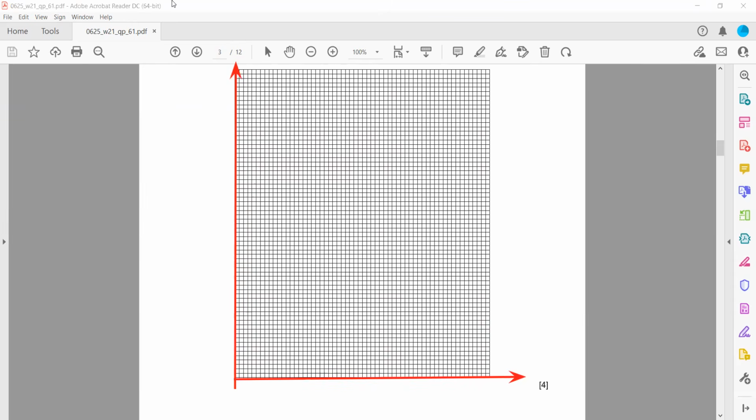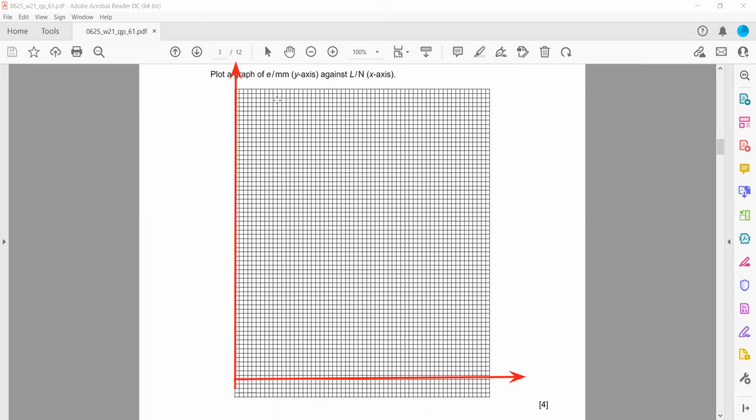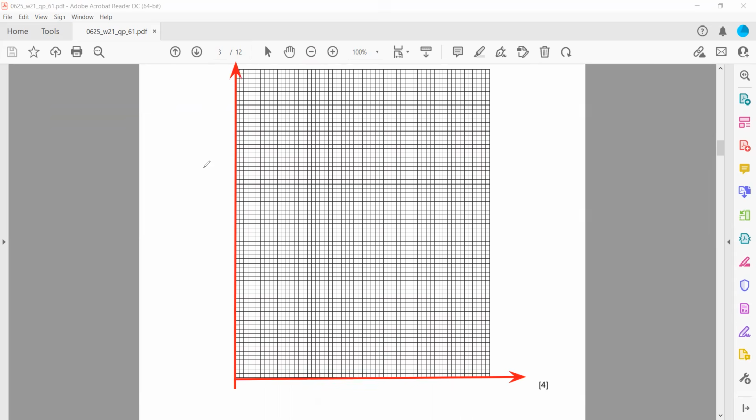Always write, as I mentioned here, extension is on y-axis. So you will write E, the extension, and what is the unit of extension? Millimeter. So E slash millimeter, the unit. And you're plotting load on x-axis. So L stands for load. And what is the unit of the load?